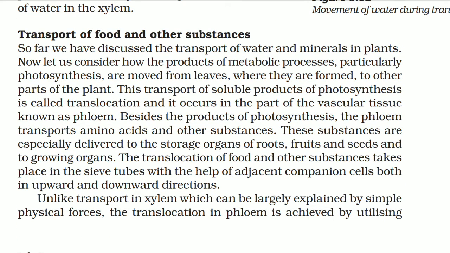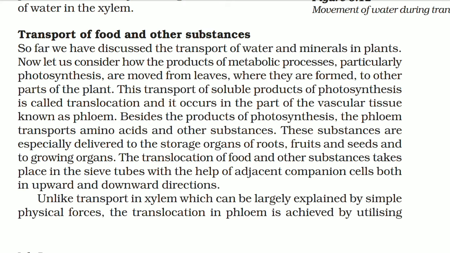So far we have discussed the transport of water and minerals in the plant. Now let us consider how the products of metabolic processes, particularly photosynthesis, are moved from leaves where they are formed to the other parts of the plant. This transport of soluble products of photosynthesis is called translocation, and it occurs in the part of the vascular tissue which is known as the phloem.